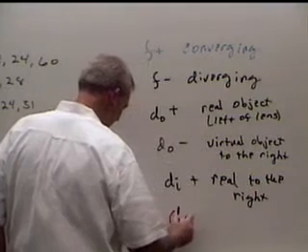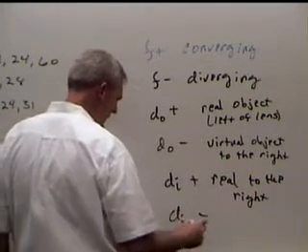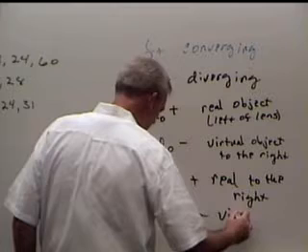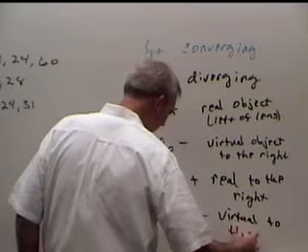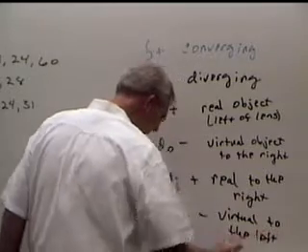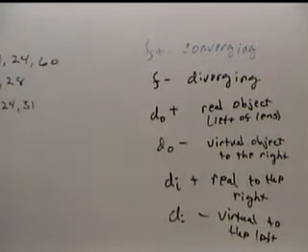And DI is negative if it is virtual and to the left of the lens, because that would be a virtual image.